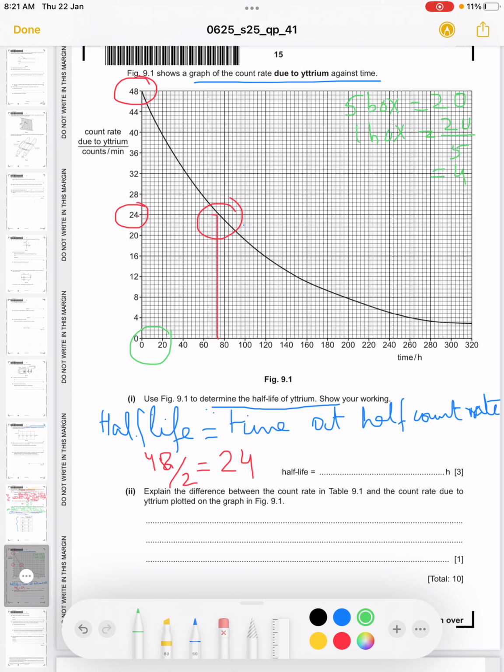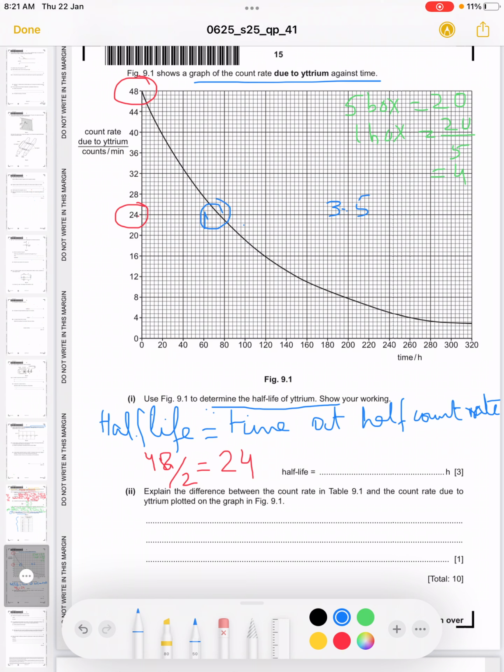So let's count them and find out the exact value at 24. So it is 60. This one is 60, and then 1 box, 2 box, 3 box, and 3.5 boxes.